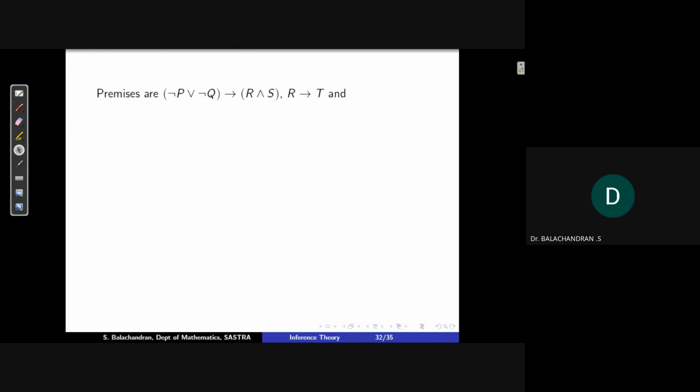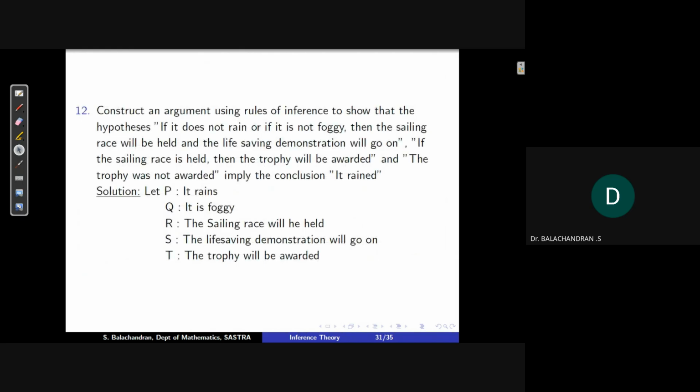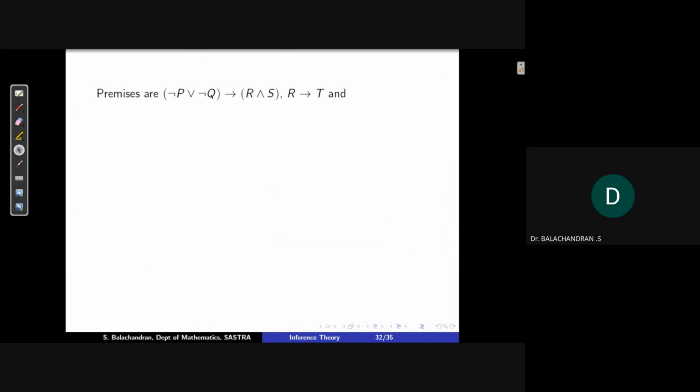The last one: the trophy was not awarded, which means negation T. So the third premise is negation T. And the conclusion, it rained, means P.